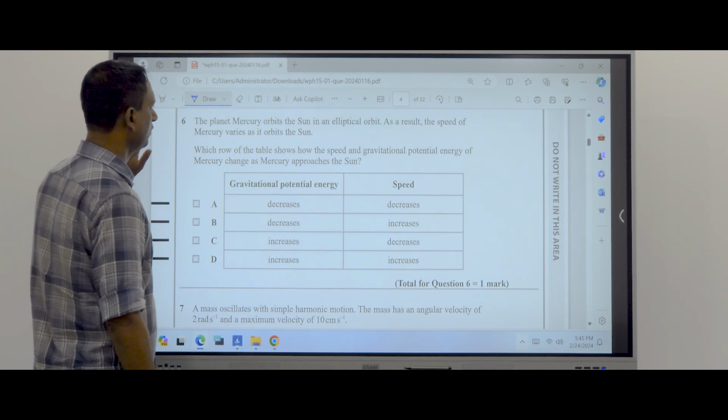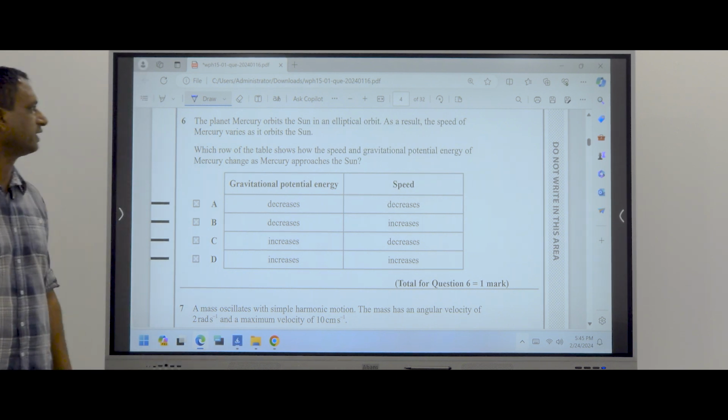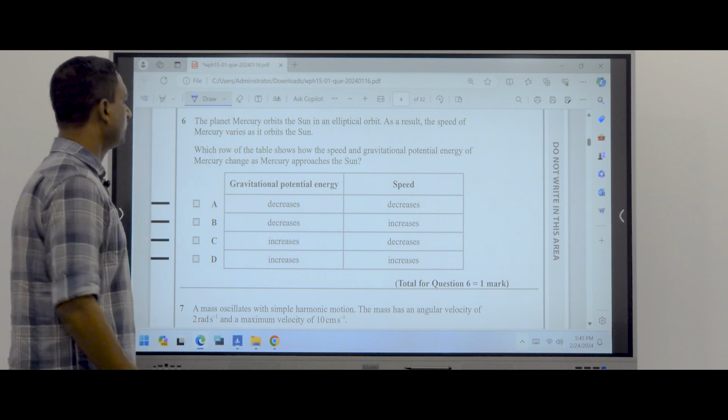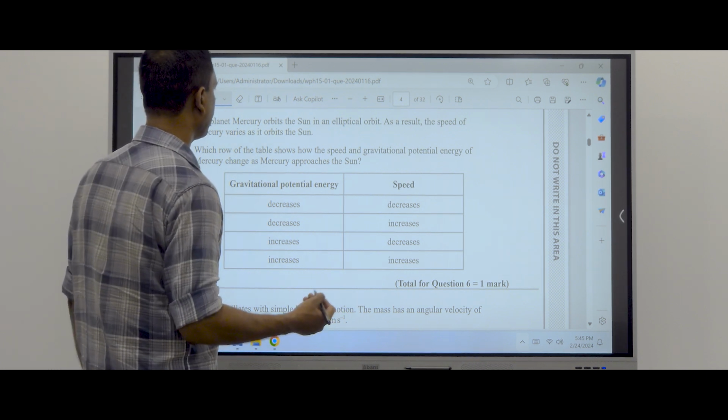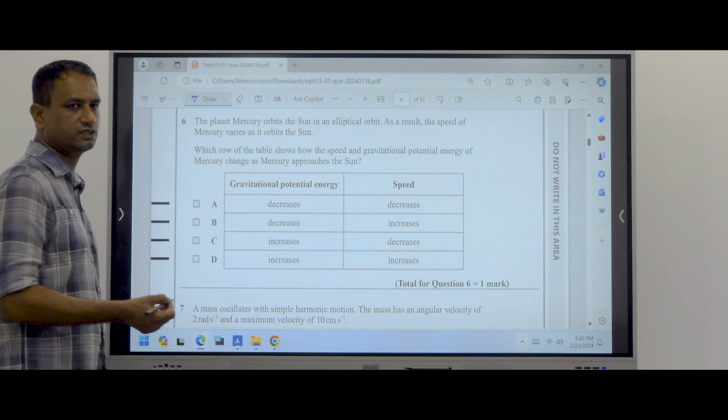The planet Mercury orbits the Sun in an elliptical orbit. As a result, the speed of Mercury varies as it orbits the Sun. Which row of the table shows how the speed and gravitational potential energy of Mercury change as Mercury approaches the Sun?